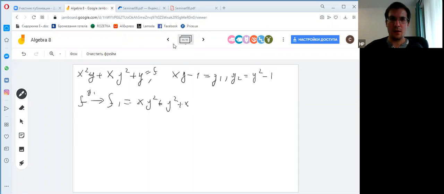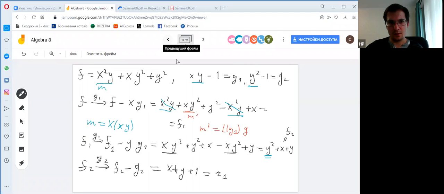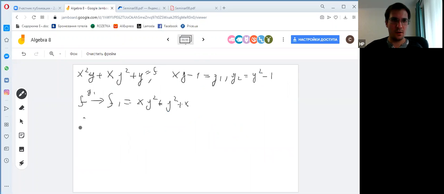Then we reduce f1 by g2, yes? Yes, we can do it.